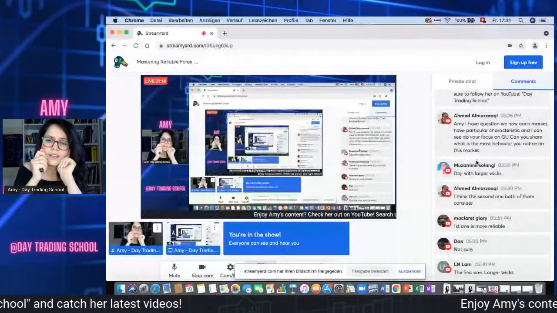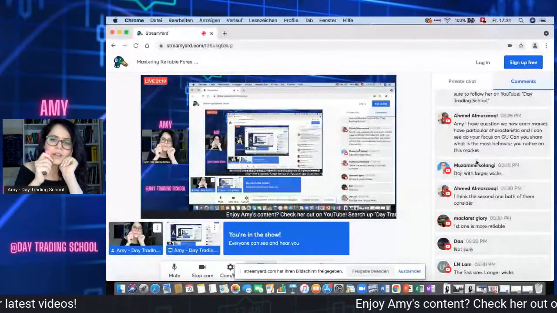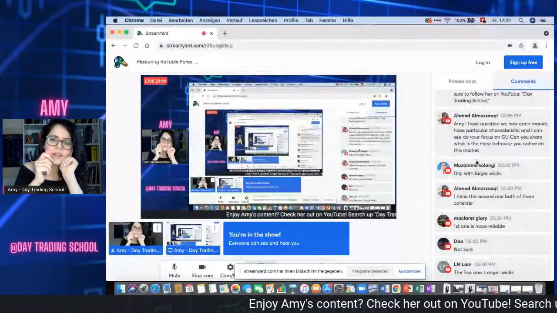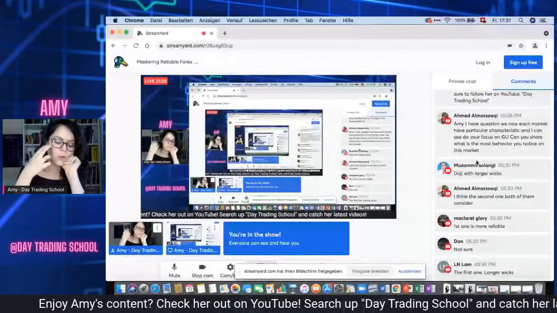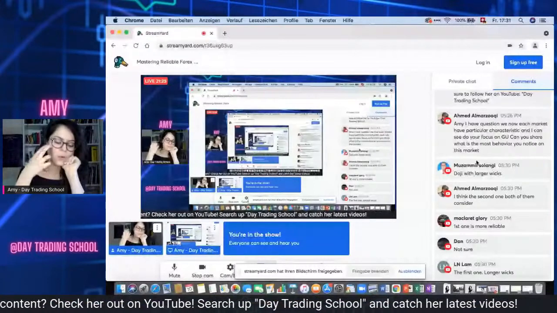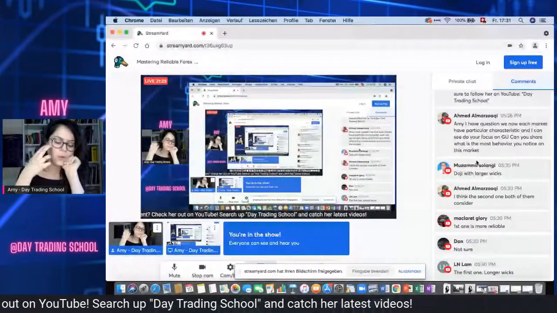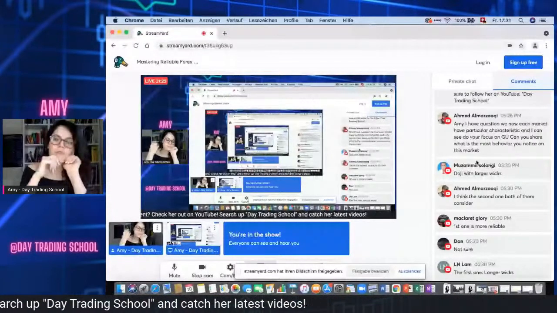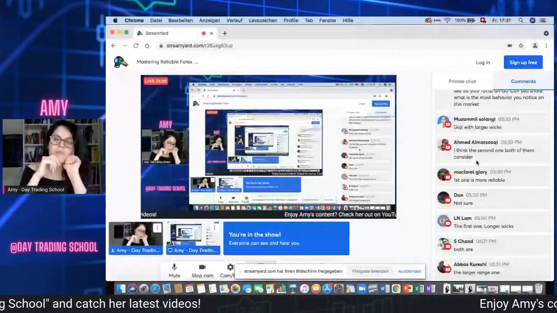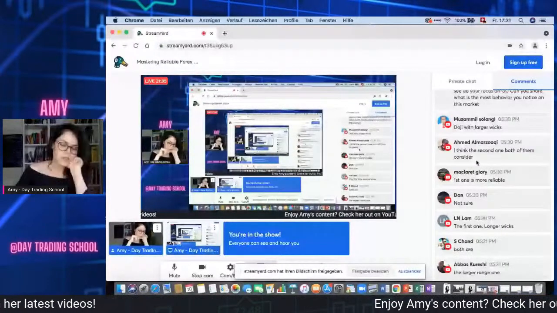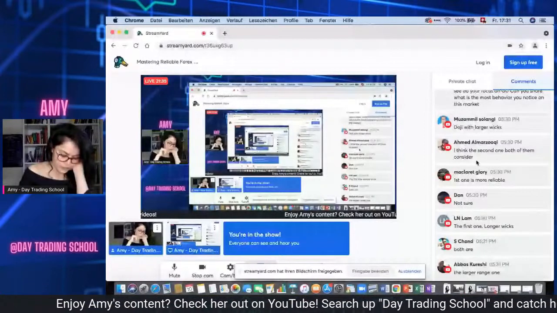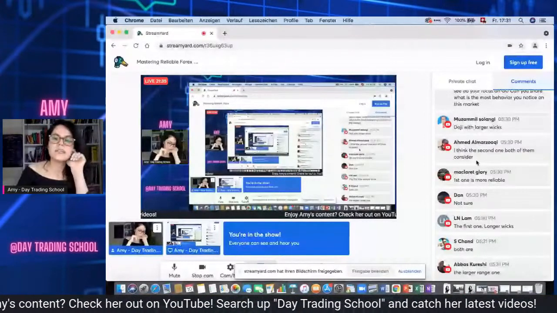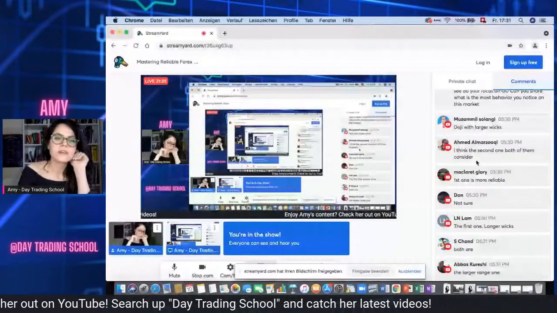Longer wicks, exactly. That's right. So that means, when we talk about Doji and spinning top, or all the other ones like hammer or inverted hammer or the shooting star, it is actually true that the shadows, the wicks, are very important.